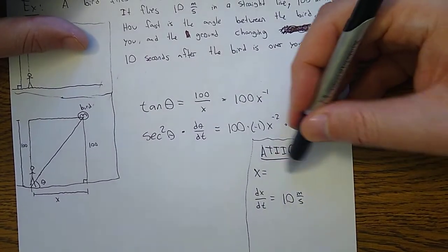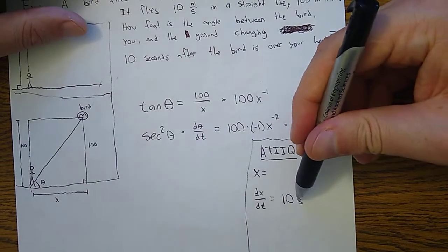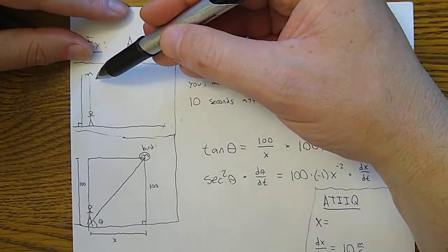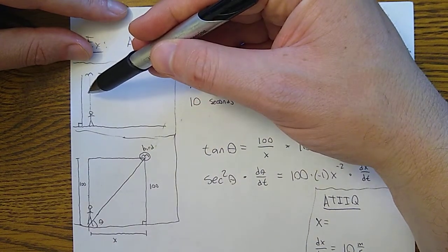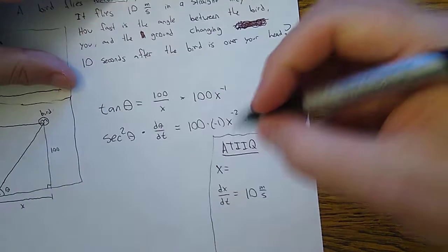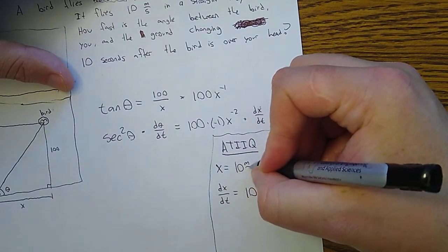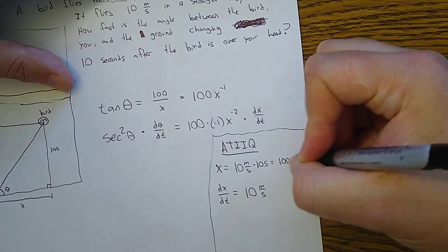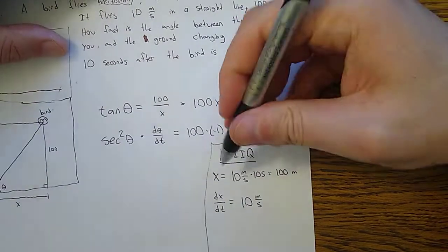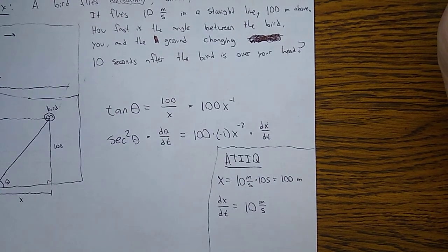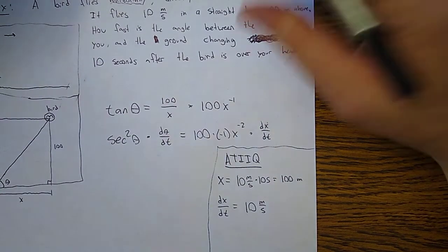But let me get back to figuring out x, because we're going to use that information. If the bird was directly over your head 10 seconds ago, and it's moving 10 meters per second, then 10 seconds later it should be 100 meters away, right? That's how we figure out x.